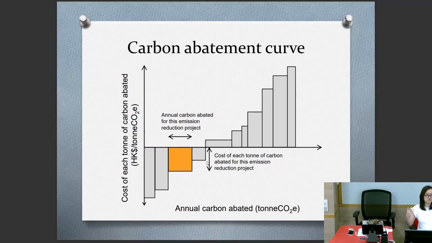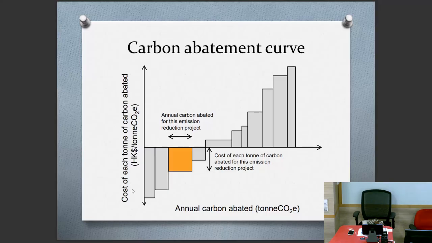So for different projects, we can estimate the yearly amount of carbon reduction, and it would be in the x-axis. For example, for this project or this strategy, it is a negative value, and it means that you can save money and also reduce carbon dioxide. Because it is a negative value, the cost is negative.